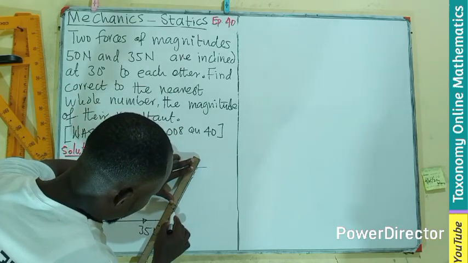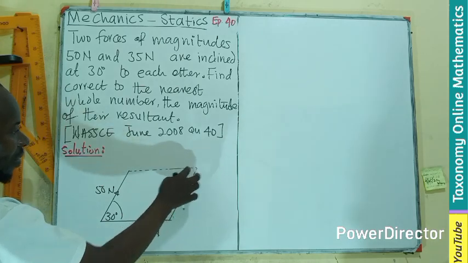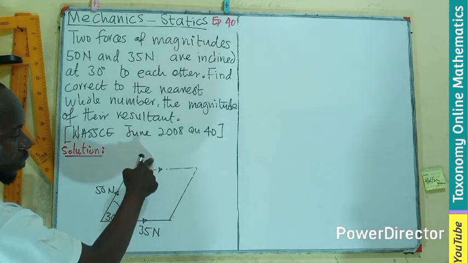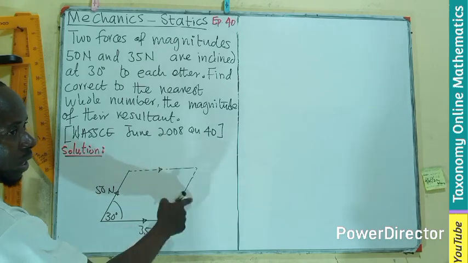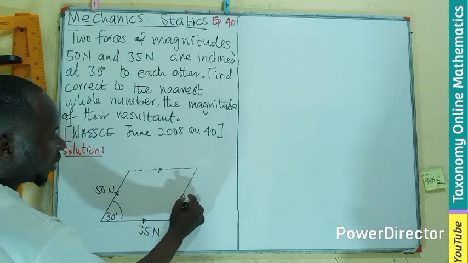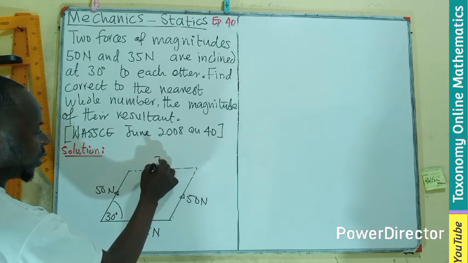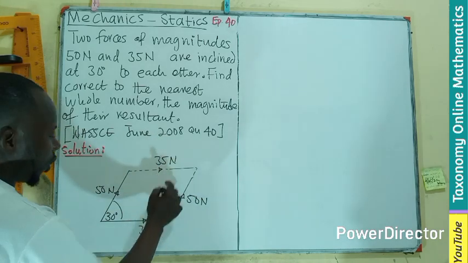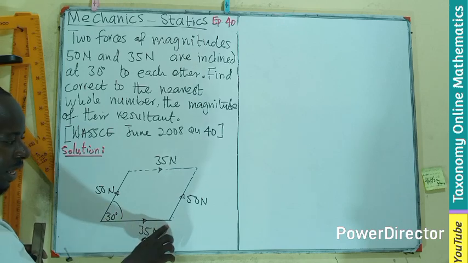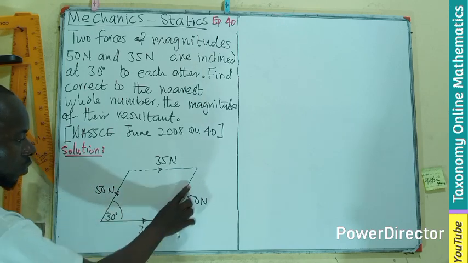Now that I have this, you can see this line is parallel to this, hence it will also be 35. A parallelogram has opposite sides equal. This is also going to be 50 Newton, and this 35 Newton.